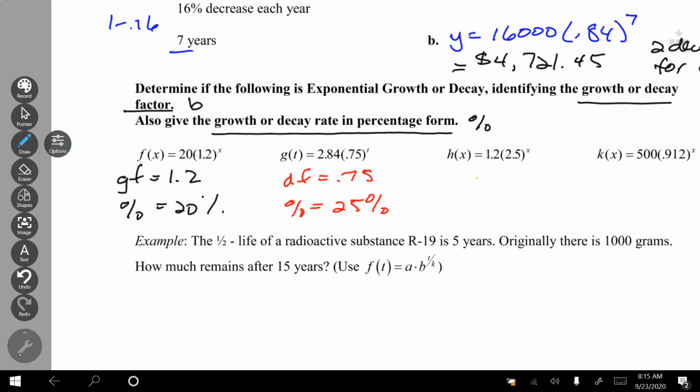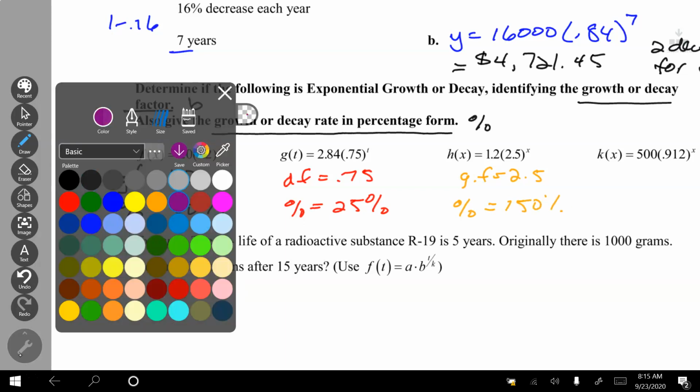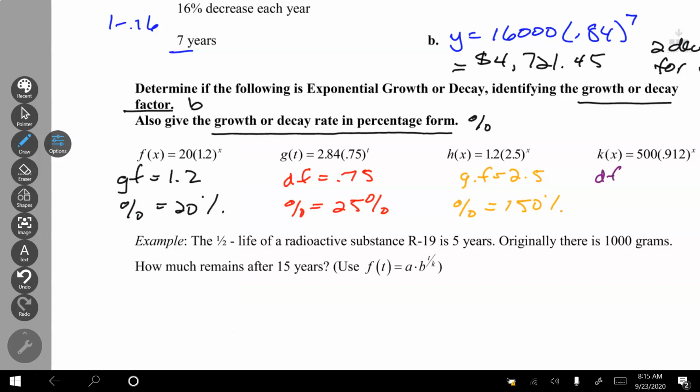This next one, my growth factor is 2.5 because it's bigger than 1, but my percent is 150%. And this last one, my decay factor is 0.912 because it's less than 1, and my percent is 8.8%. That's how we figure these things out.